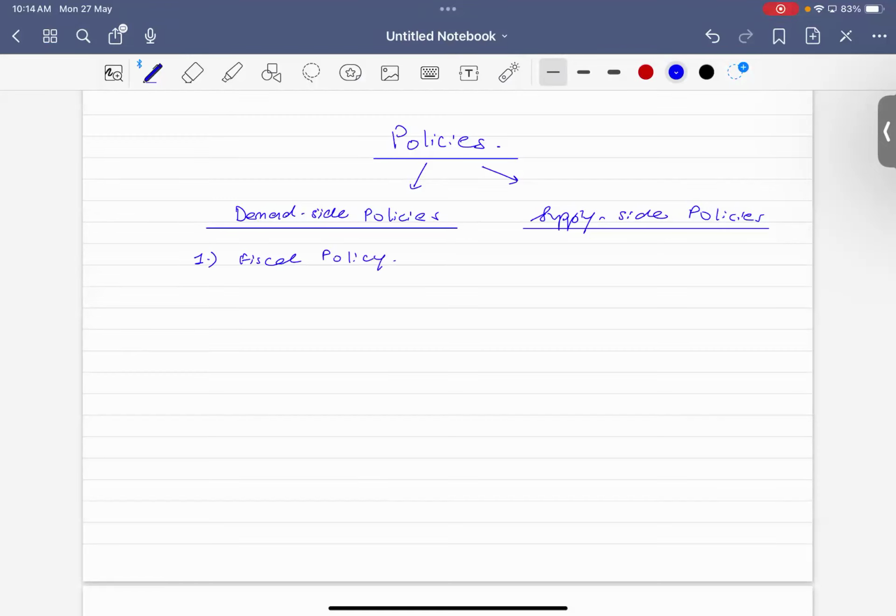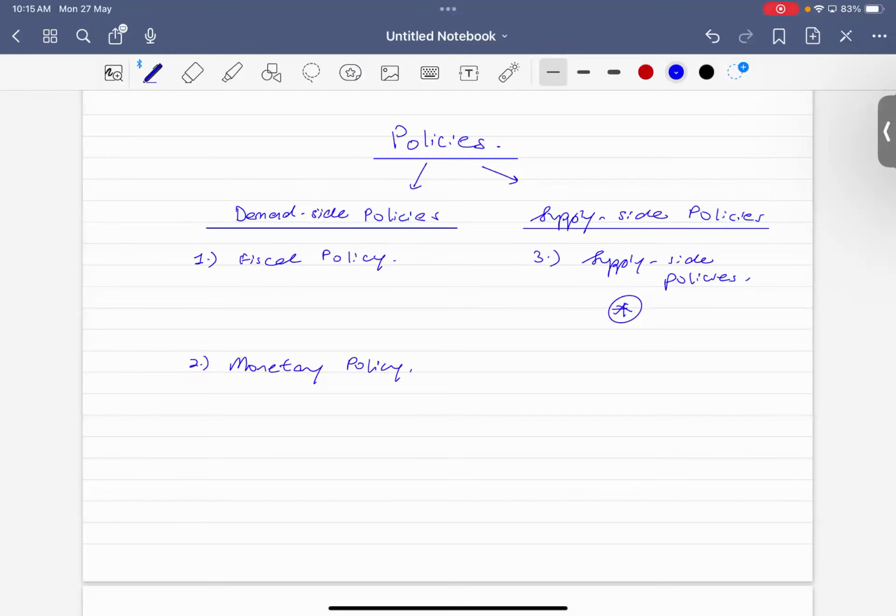The next demand side policy that you will be learning in the later chapters will be monetary policy, which we haven't learned yet. For today's lesson, we are going to look into the supply side policy.